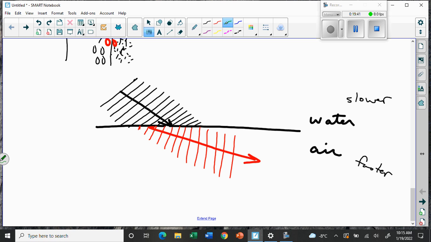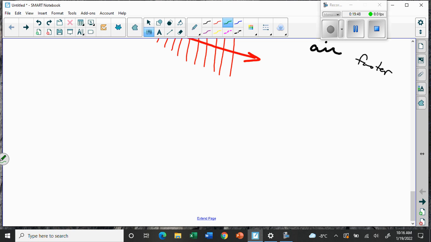So what we can learn from this is a very important rule about how light refracts. And that rule is this. If the light is passing from a slower to a faster substance, and there's a word we use for that. We think about the density of the substance, right? What we call the optical density, which is a measure of how much it slows down the light that travels through it.